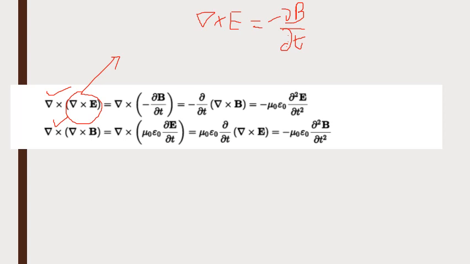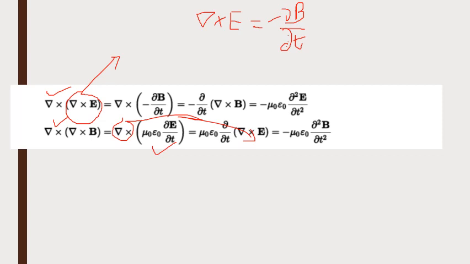Similarly, if you use del cross B, then in place of this you can write mu 0 epsilon 0 del E over del T, using the fourth equation, and you can use this inside this as we did here.